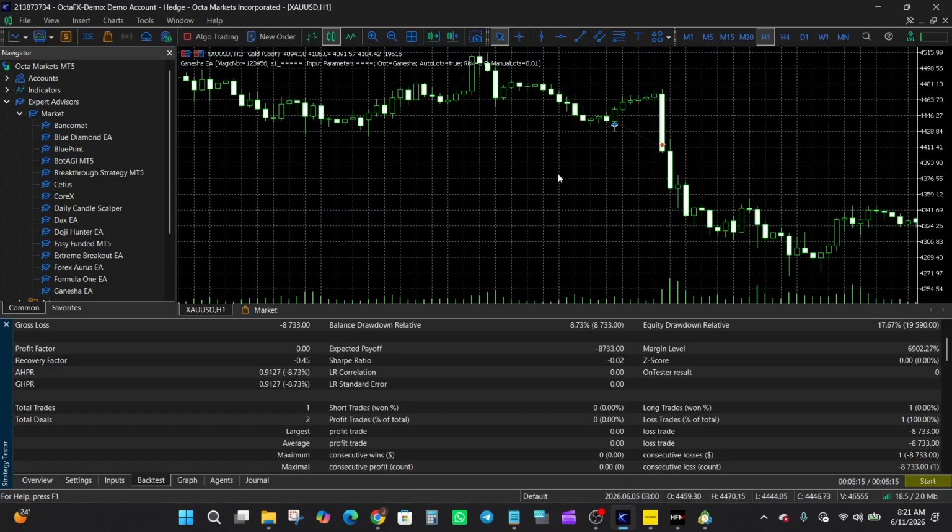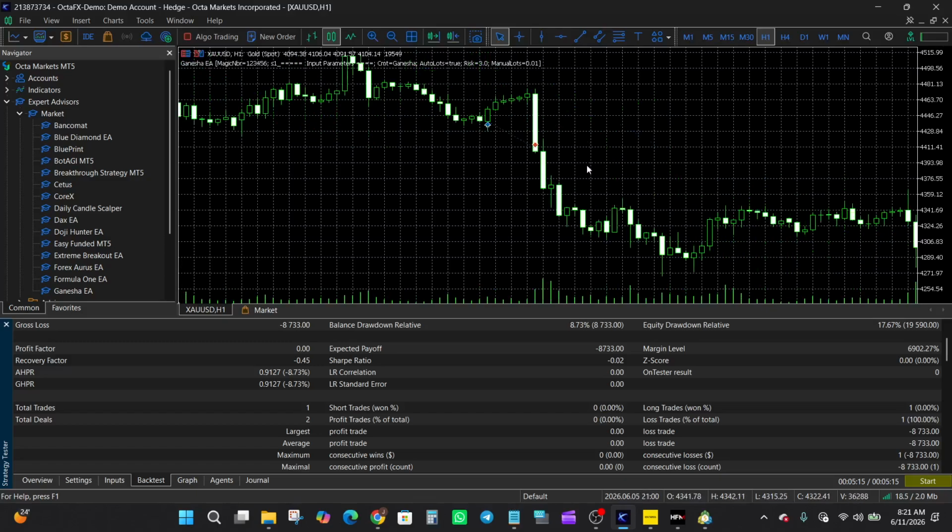Overall, Ganesha EA presents itself as an MT5 trading solution that is focused on gold and GBPUSD with an emphasis on trend-based analysis, structured risk management, and straightforward configuration. So if you are interested in exploring the system further, I would recommend conducting your own testing and optimization on the recommended pairs and time frame before considering live trading.